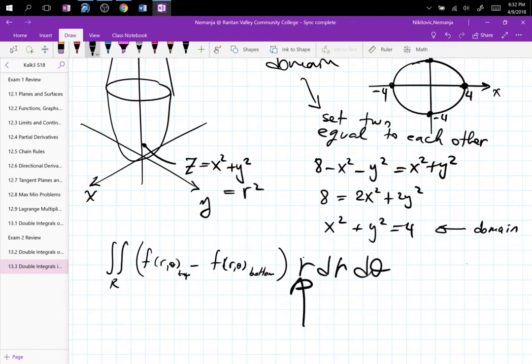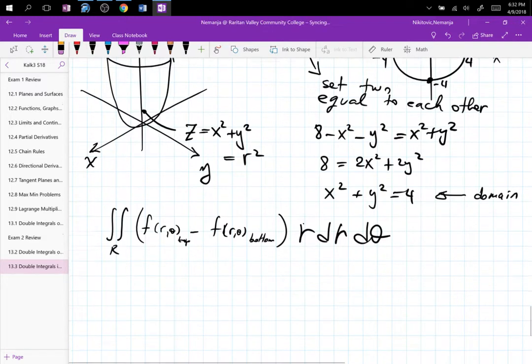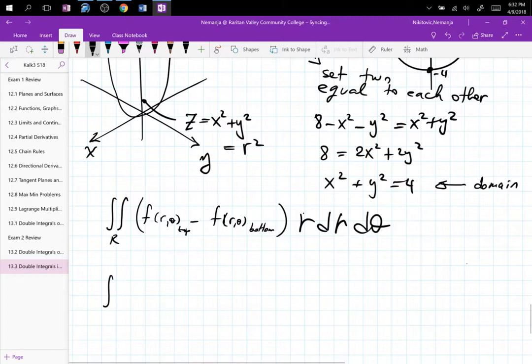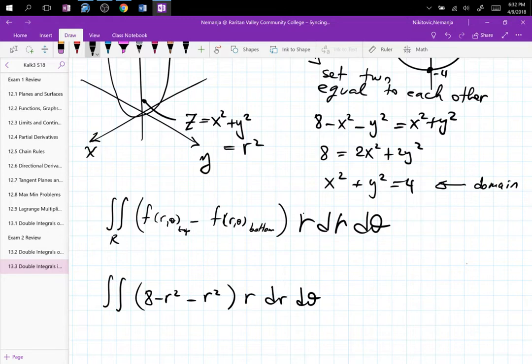Don't forget this r. Don't forget the r. So what is this equal to? Top function 8 minus r squared minus the bottom function r squared, all of that times r dr d theta.